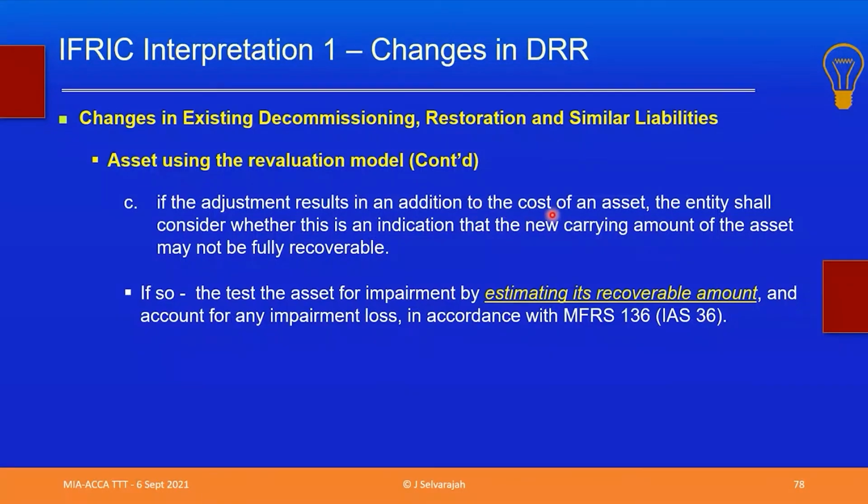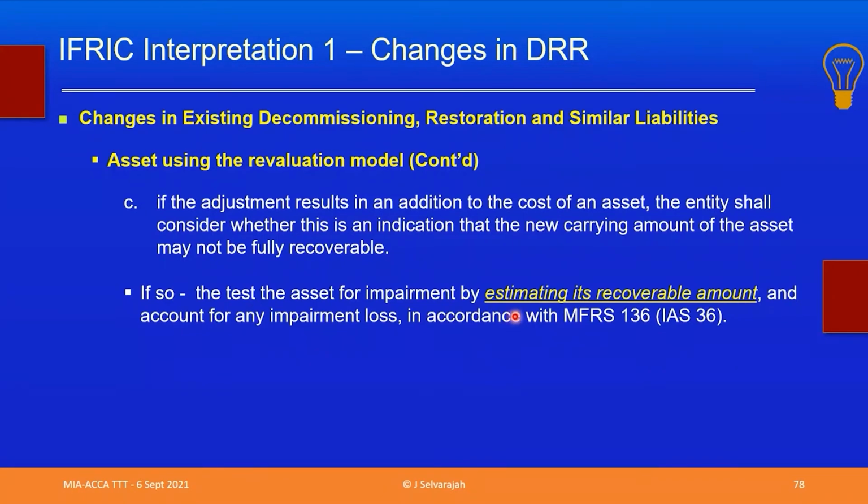If the adjustment results in an addition to the cost, then the entity must consider whether this is an indication that the new carrying amount of the whole asset is recoverable or not. Now, what happens if it's not recoverable, it's much lower? Then, very simple, do the magic thing, the test of impairment. All right, increase it and impair it through a different item in the P&L account called impairment.